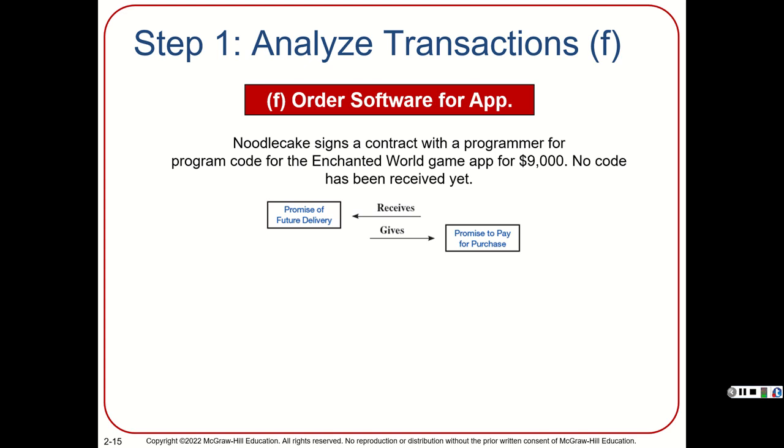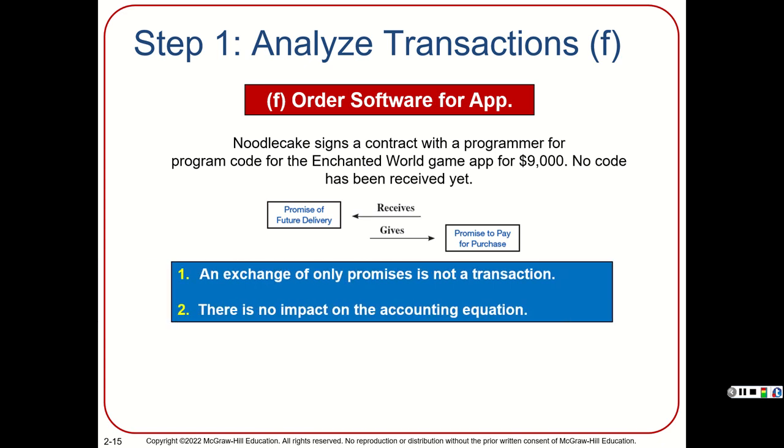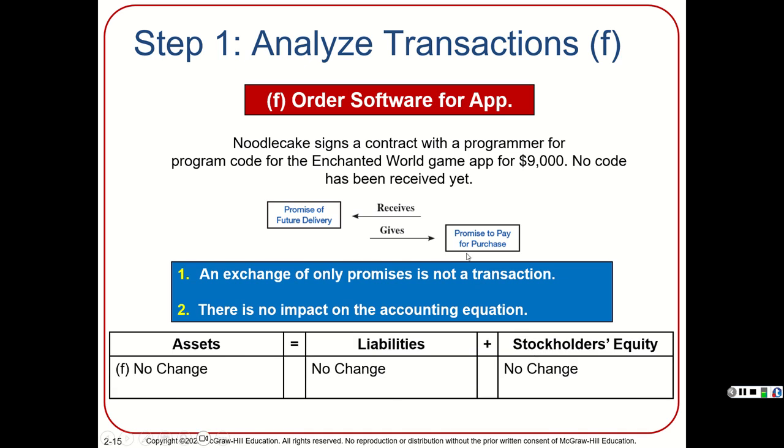The document is signed, they have a signature, but nothing has come from the third party yet. Do we record this transaction? No. This promise to pay is just a promise to pay if Enchanted World complies with the contract. So there's no impact at this time on the exchange.